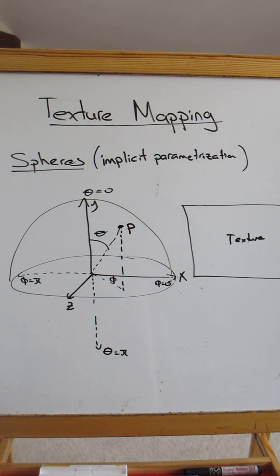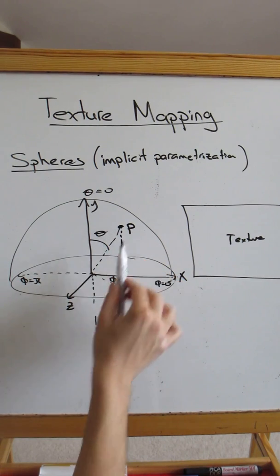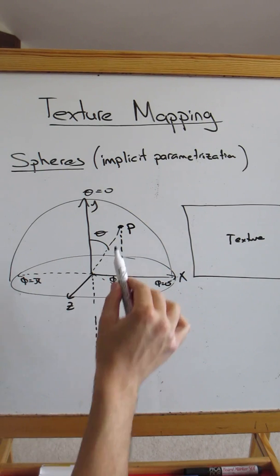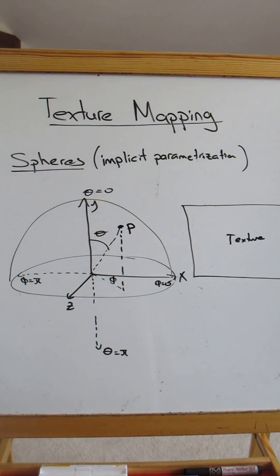So with explicit parametrization, those UV parameters were specified as part of the model. But the sphere can be implicitly parameterized. This means that for every point P on the sphere, we can compute two parameters, theta and phi, and these parameters define with respect to the center of the sphere where this point P is located.